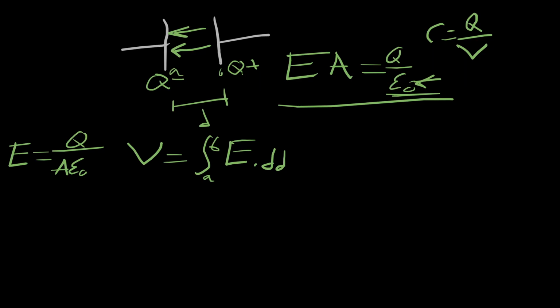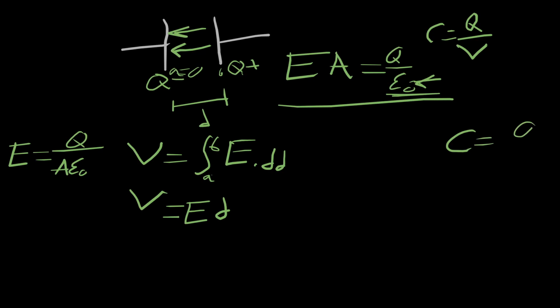We can just pull out the E in this example because the electric field is constant between the two plates. So the integral of dx is just equal to d, and it's going to be the electric field times d. Imagine A is 0, this is our starting point. Now that we have this, we can solve for our capacitance.